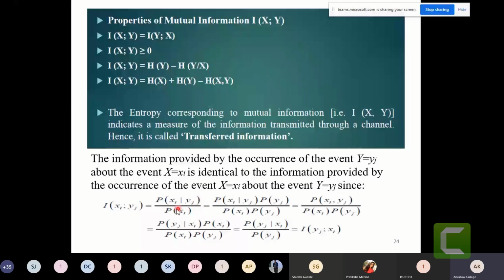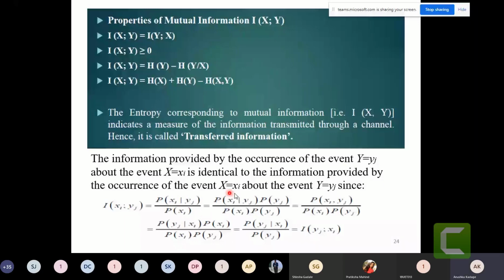So we are getting here P of xi by yj divided by P of xi, because we are going to get the values as the initial uncertainty minus the final uncertainty, and the final uncertainty should be in the numerator in that case for getting the minus sign removed from the equation. And here this conditional term and this marginal term in the denominator, we are going to multiply and divide this whole ratio with P of yj.